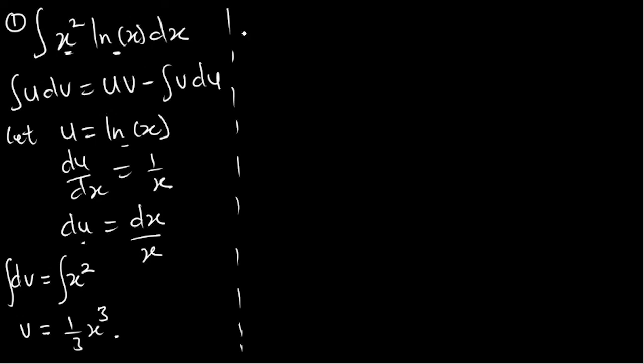Having all the required parts, we now come here and replace them. So the integral of x square ln x, that's the integral of u dv, is equal to uv. Replacing, we have u as ln x, and v as 1 over 3 x cubed.